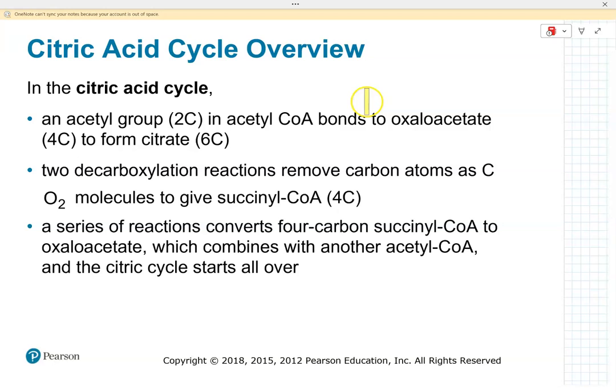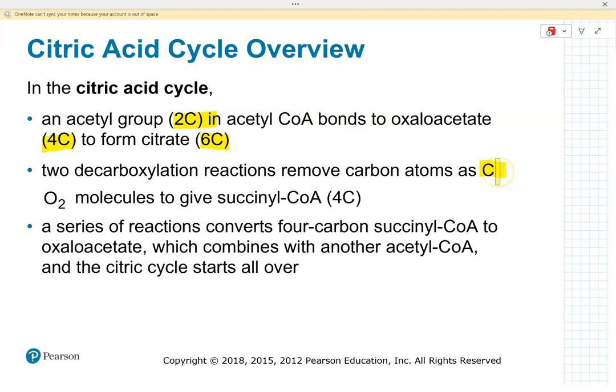So basically, here's an idea. You take 2 carbons from the acetyl-CoA. You take 4 carbons of the oxaloacetate. 2 plus 4 equals 6. That's citrate. Then you remove 2 carbons from the citrate.